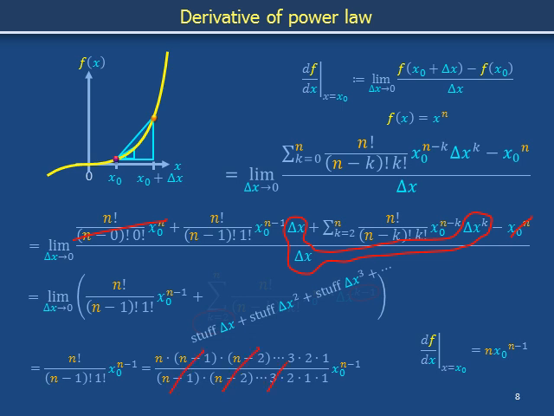Cancel the many factors that are common to n factorial and n minus 1 factorial. The only surviving factors are n and x naught to the n minus 1, as expected.